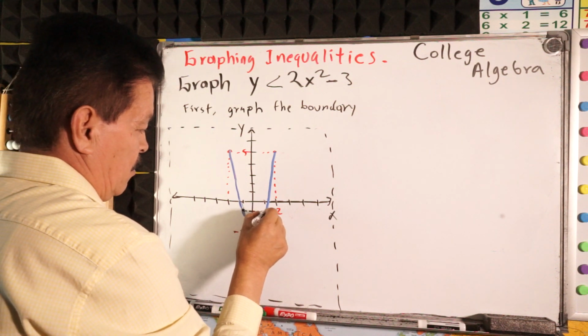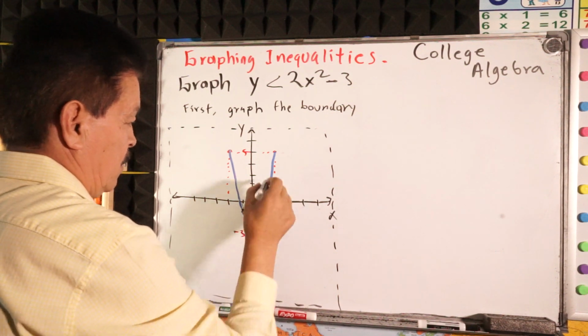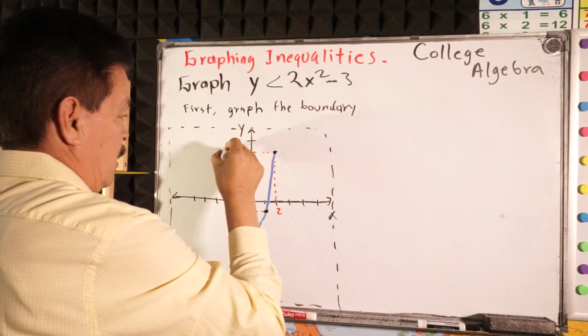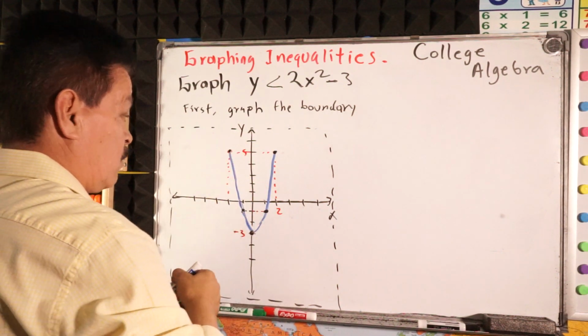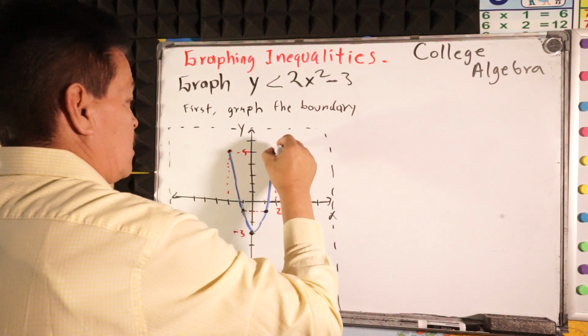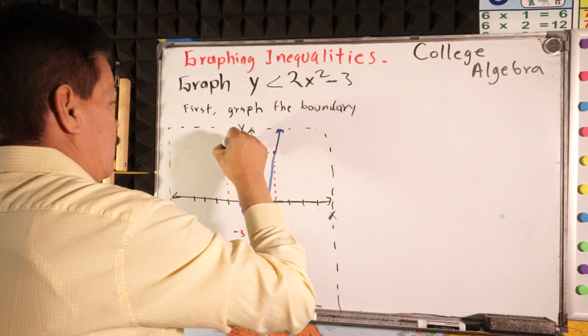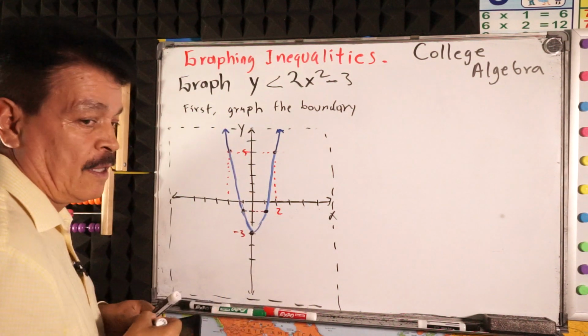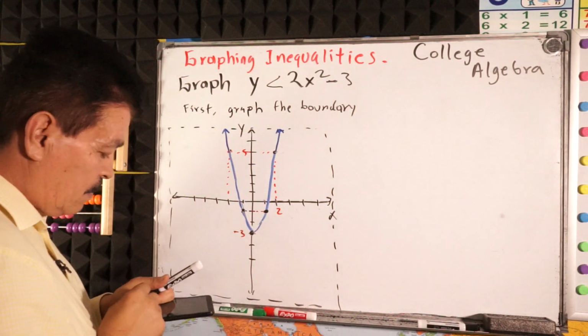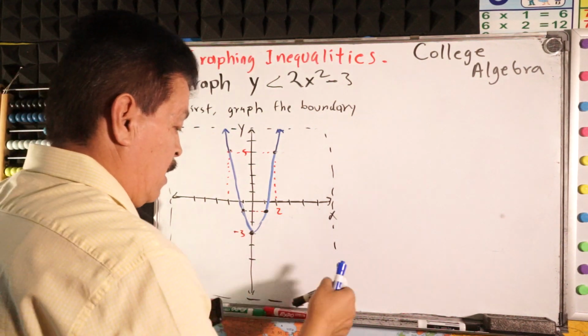One point here, another point right here. Okay, so this is one, another point right here, and then the graph continues here until here. All right. So that's the first step.